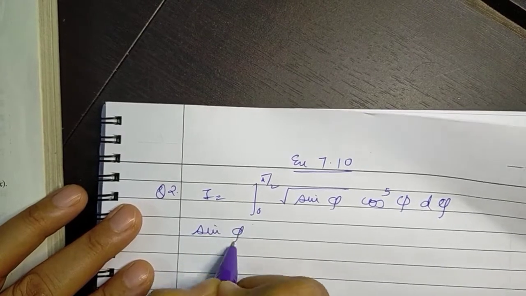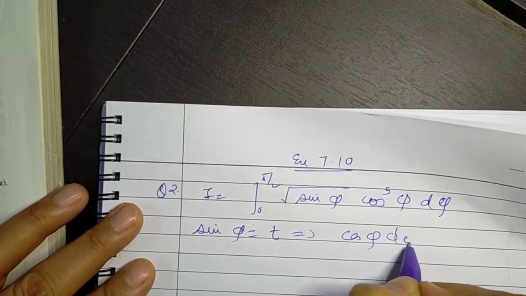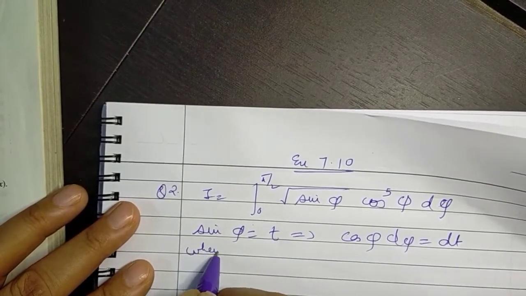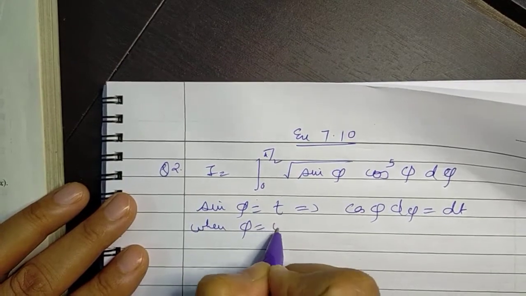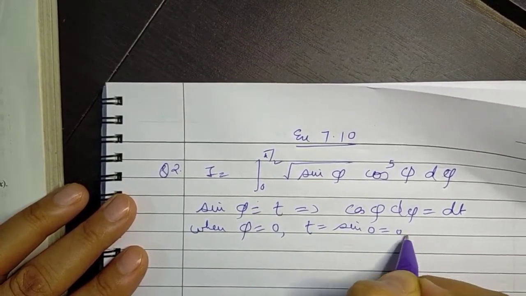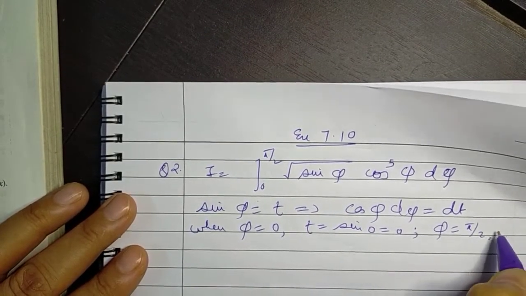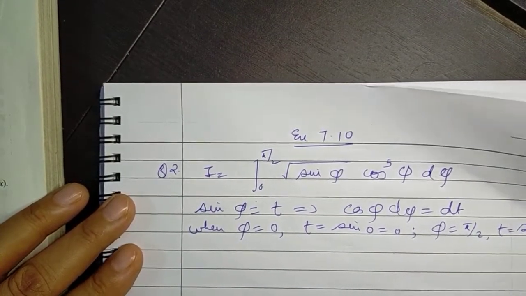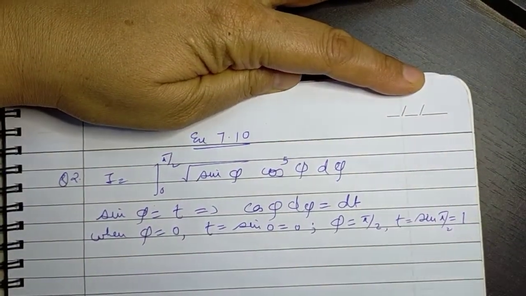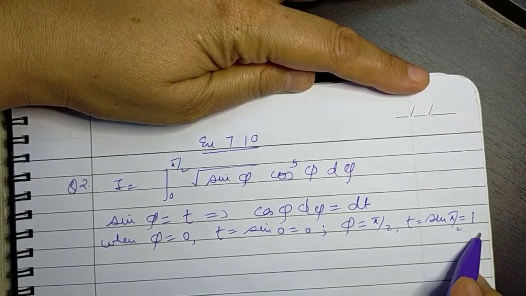So you put sine phi as t, you get cos phi d phi as dt. Now when phi is equal to 0, t is equal to sine 0, which is 0. When phi equal to pi by 2, t is equal to sine pi by 2, which is 1. So the new limits are t equal to 0 to t equal to 1.